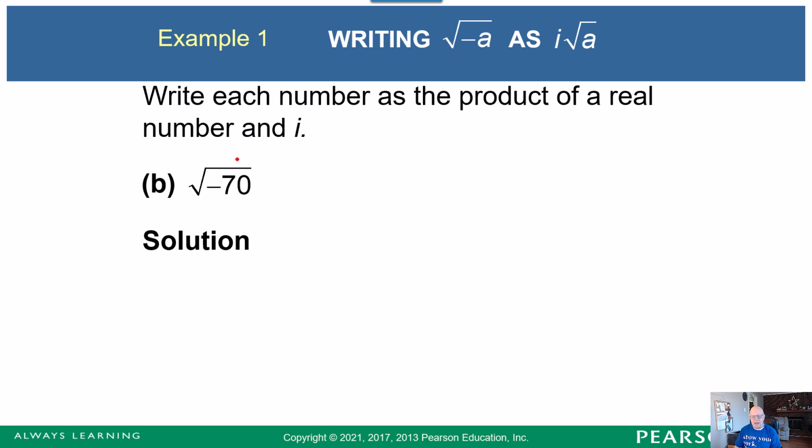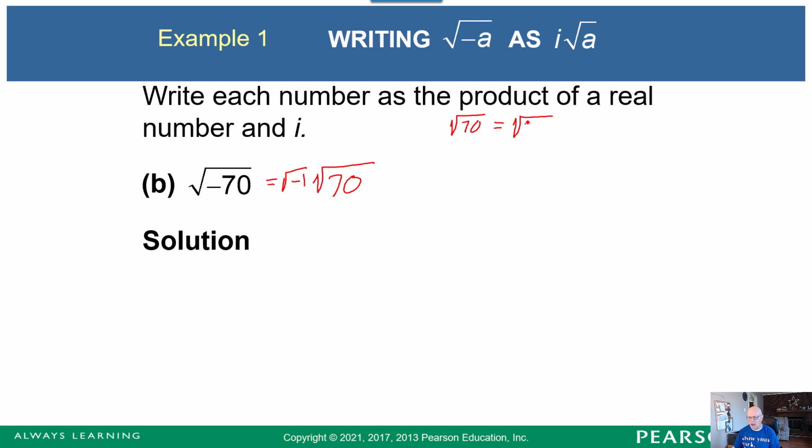So maybe you can take this one too. Pause. First job, factor out the square root of -1. And we've got this. Now, just in case, we should investigate the square root of 70. What's 70 look like? It's got several prime factors.